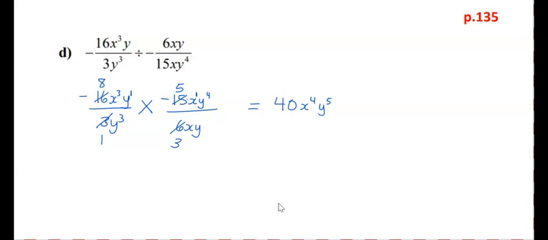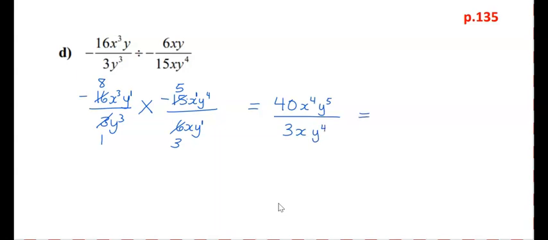We're adding exponents. Over the denominator, 1 times 3 coefficient is 3. x is only on one side, we keep that. y to the power of 3 times y to the power of 1 is y to the power of 4.